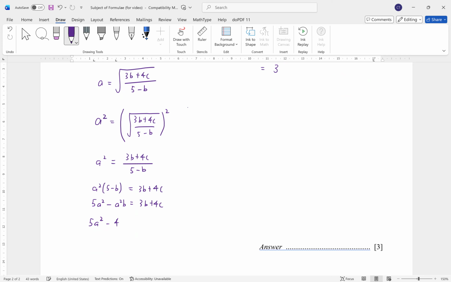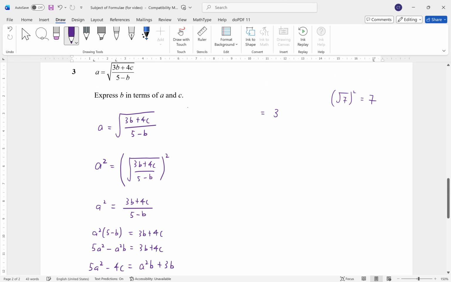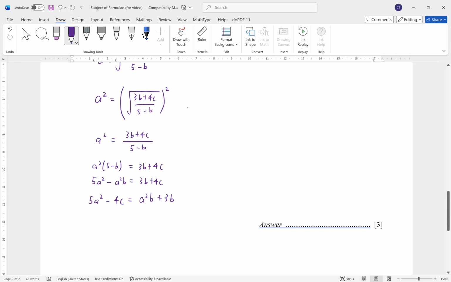So we'll do it this way: a squared b plus 3b. Alright. Now we will factorize out the b from the right side: b times a squared plus 3. And now one final step, divide both sides by a squared plus 3.